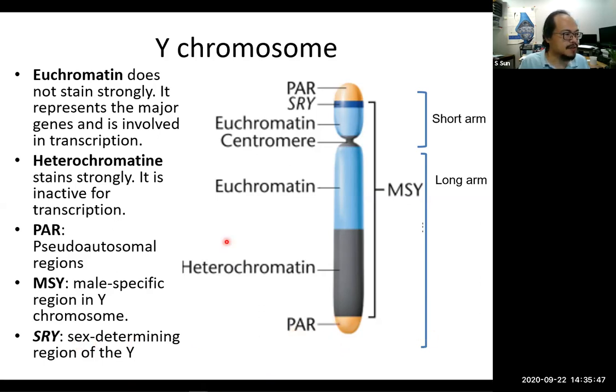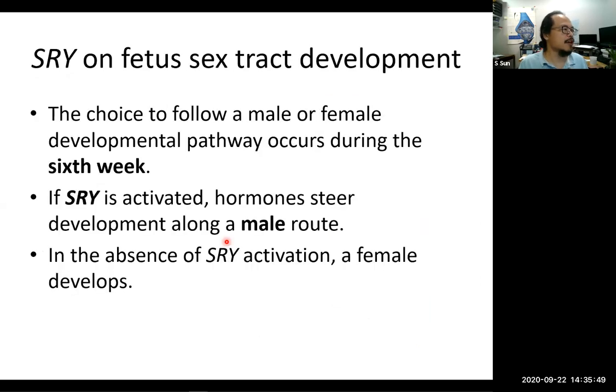So how does this develop into male versus female? It must be coming during the infant development, right? Because in the very beginning, it's only a zygote. There are no sex characteristics yet.